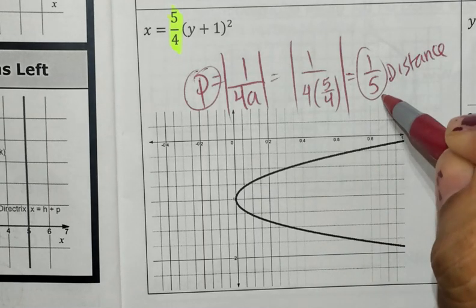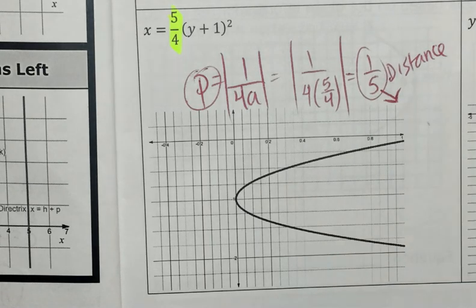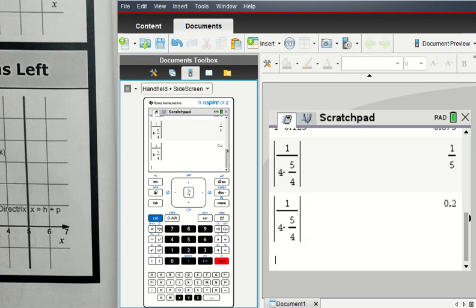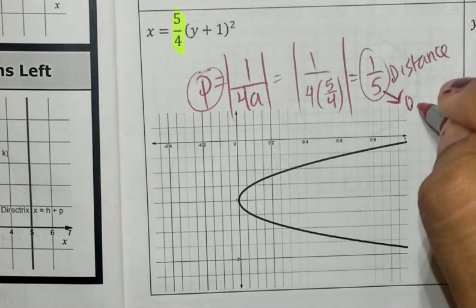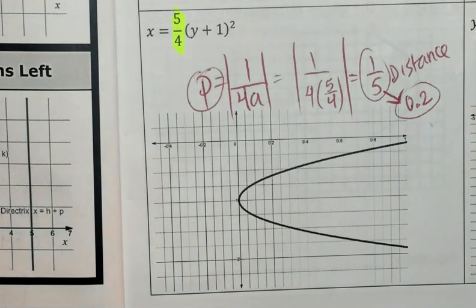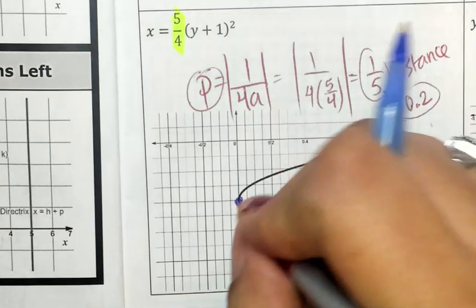And the distance, we can turn that into a decimal, and it'll be 0.2. And again, we're going to use the vertex. Let me just write it like this.